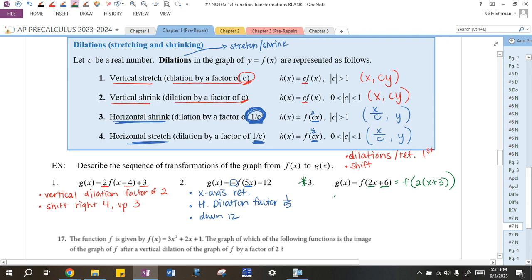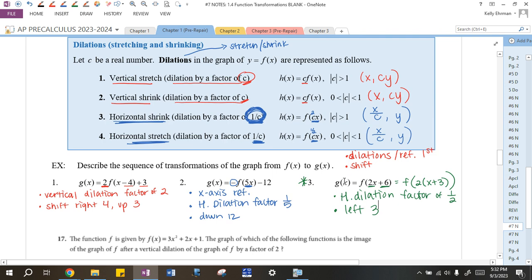And so this shows me that I have a horizontal dilation by a factor of 1 over 2. And instead of saying shift left 6, it's not left 6. It's actually shifted left 3 units. All right, so we have to be careful of that.